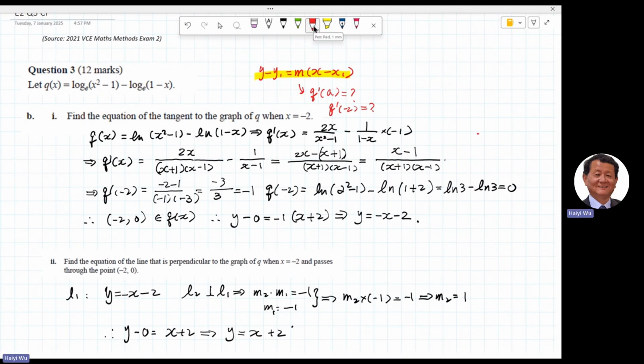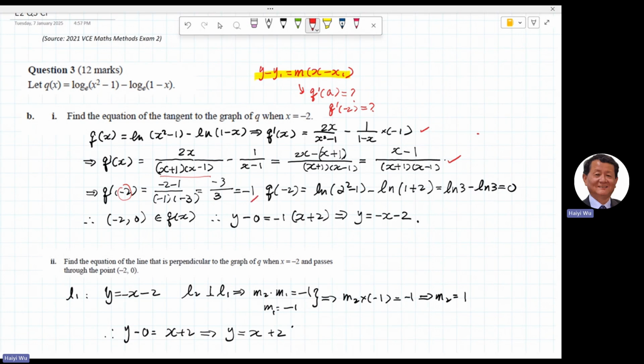So what I'll do is differentiate q(x) first, which is easy to differentiate. We factorize the denominator so that I can make a common denominator, and the answer will be that. Now I substitute negative 2 into q'(x), and the answer is negative 1.